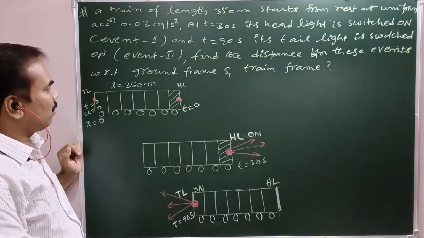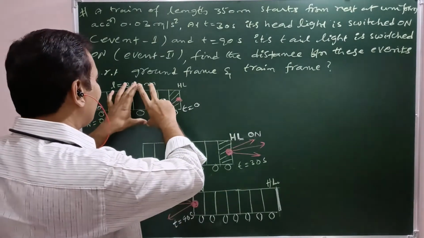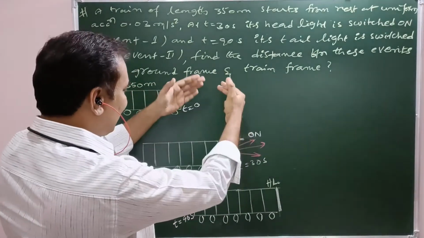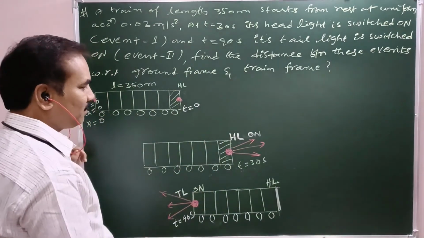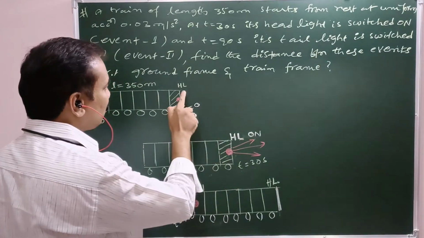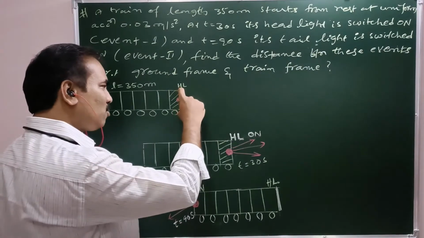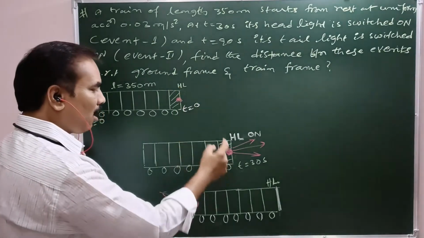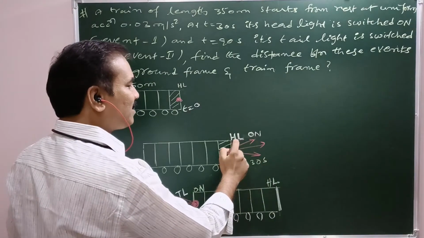Now after 30 seconds, the diagram would be drawn somewhere here, but I drew it down here to make you better understand. So this would be the position of the train. Here is the headlight at t equal to 0. Now this is the position of the headlight at t equal to 30 seconds, at which the headlight is on.